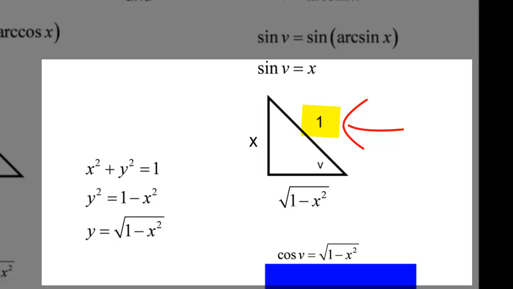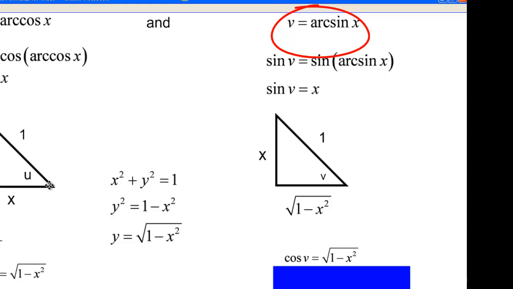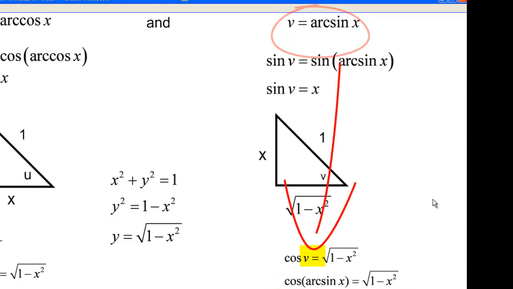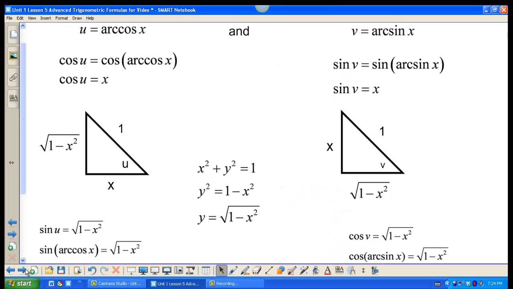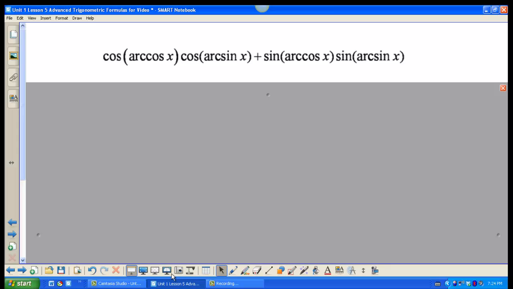And again, we defined v to be the arc sine of x. So if I substitute arc sine of x in for v, I get that the cosine of the arc sine of x is equal to root 1 minus x squared.